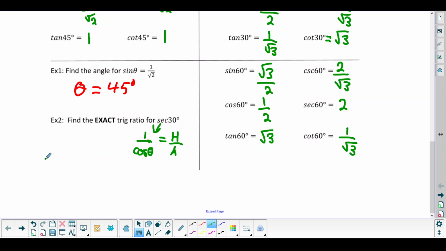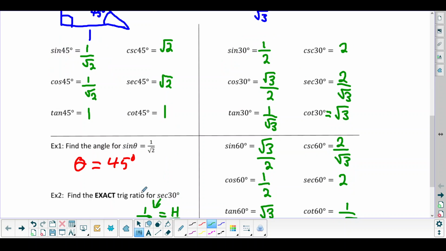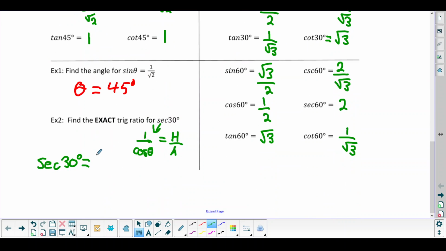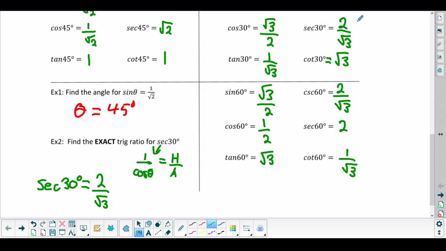So we can say secant 30 degrees is, I forget already, scroll back up, 2 over root 3. We could check our table as well. Secant 30 degrees, yeah, we wrote down earlier that that is 2 over root 3 as well. All right, that's it for this lesson.